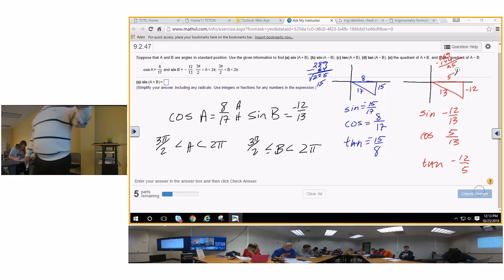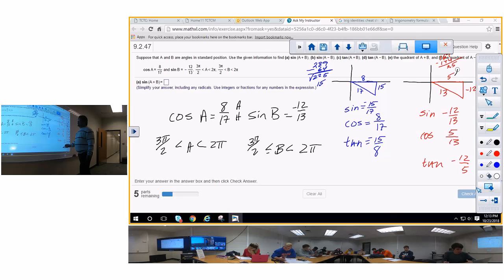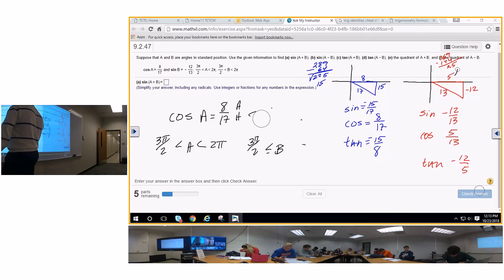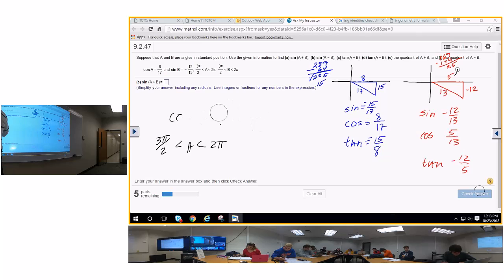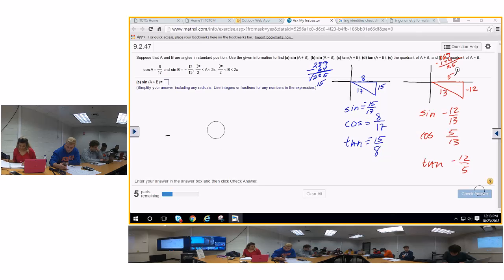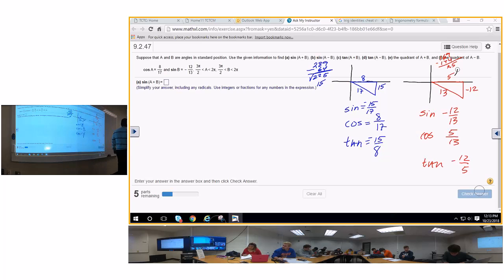So I'm going to erase this over here and go ahead and do the first one. What is the sine of A plus B? That's sine cosine plus cosine sine.